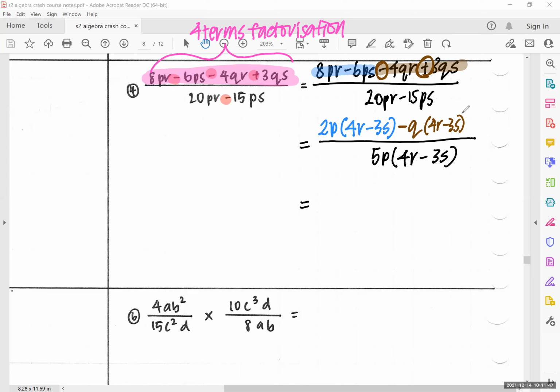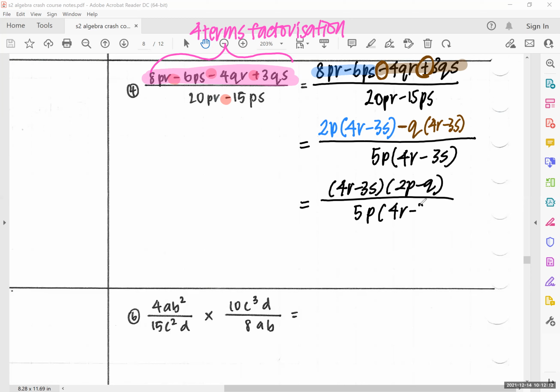Can you look on the top? Look here, guys. If you do this, cancel, cancel, cancel, wrong. Cannot, because there's only one at the bottom. If you do that, your teacher will say wrong technique. So what you must do is continue with the top. Do you all remember this technique that I taught you guys? Bracket with bracket.